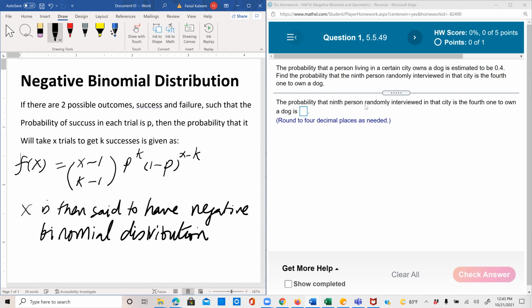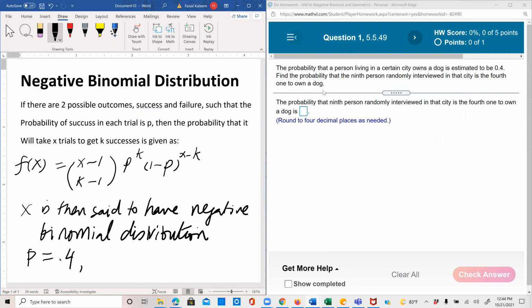Okay, so let's see. The probability that a person living in a certain city owns a dog is estimated to be 0.4. So p in this case is 0.4.